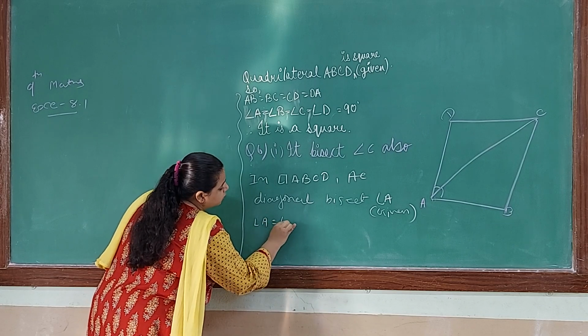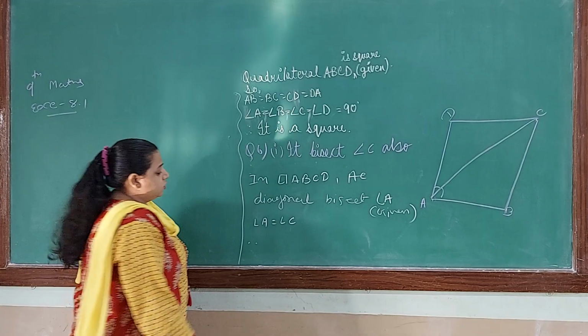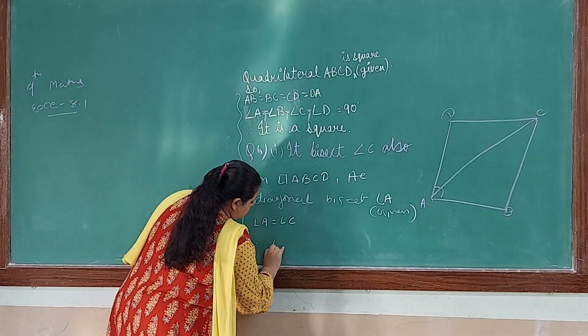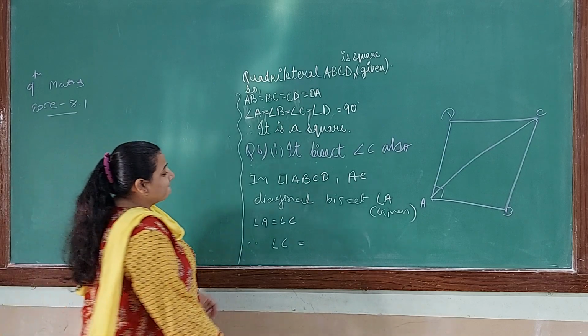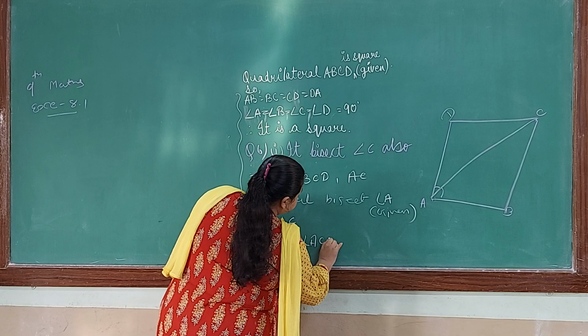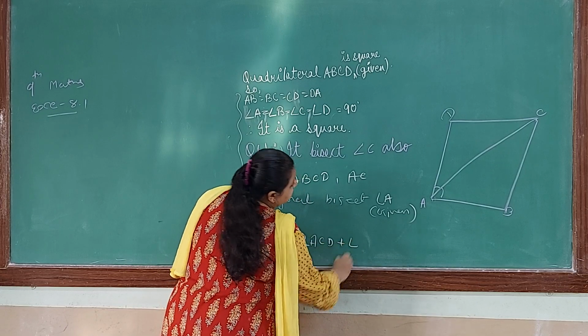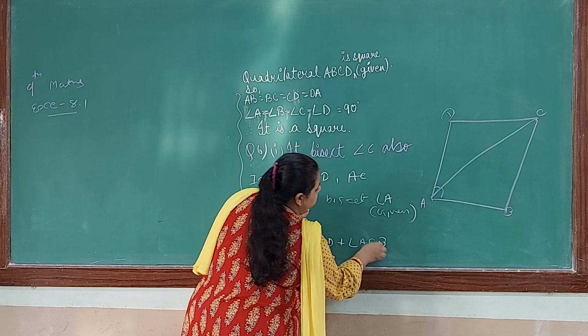Angle A equals angle C. So angle C equals angle ACD plus angle ACB.